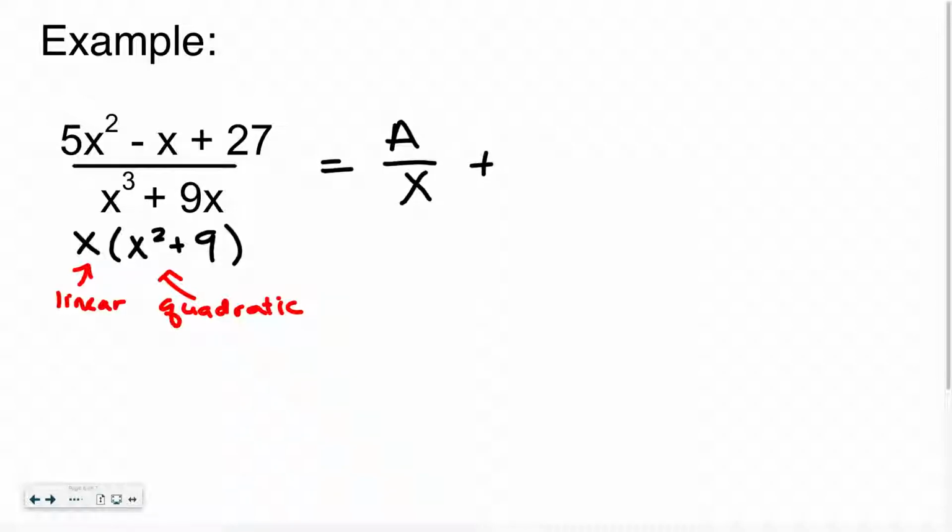But my quadratic factor will have a numerator that's linear. And I always model it after mx plus b. That's linear. And since my next letters would be B and C, I'm going to say bx plus c. So this is a bx plus c over x squared plus 9.